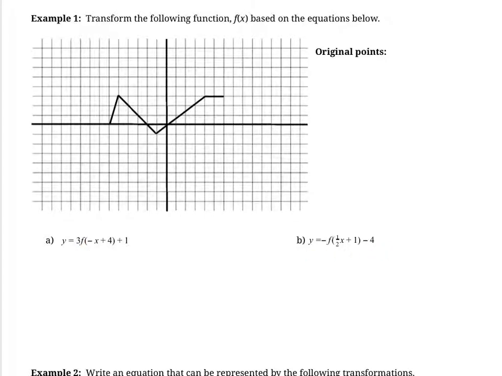So the first thing that we will need is the original points of this function. I'm going to take, let me do it in blue so that you can see, this point down here, this one, and this one.